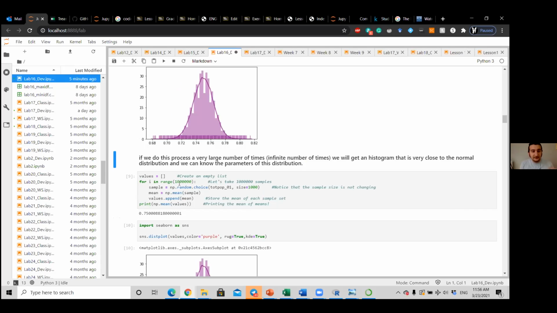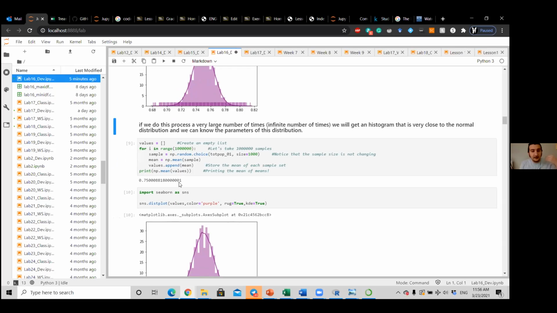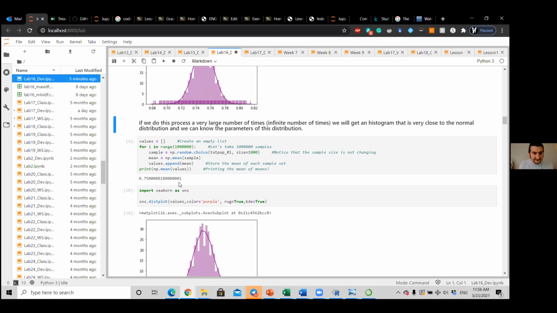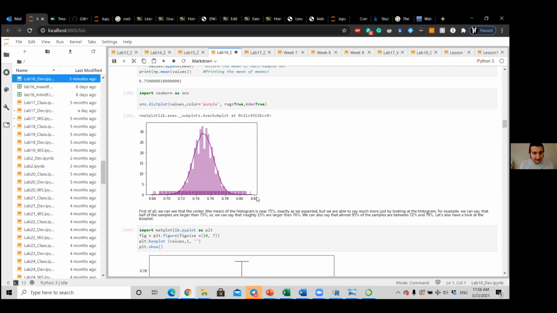So I'm going to create a histogram based on 1 million numbers, 1 million percentages. And that will be how it looks. Based on this, if you wanted to pass a judgment about the population, what would you say?